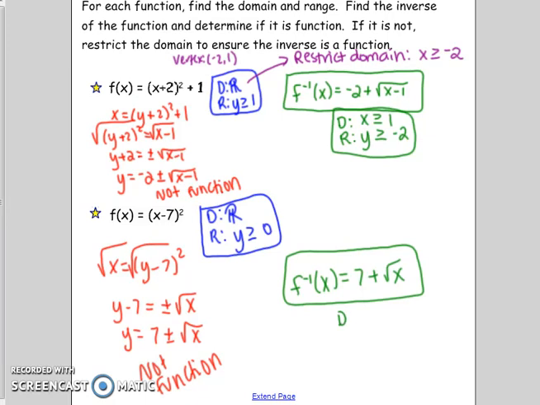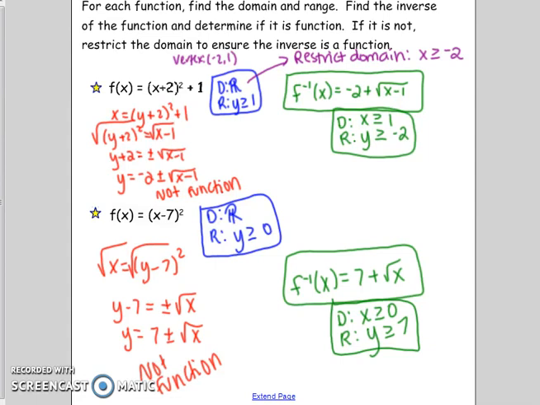So the domain of this would be x is greater than or equal to 0 since it's a radical. If I plug in 0, I'm going to get 7, and I know that this opens up since it's positive in front of the radical. So y is greater than or equal to 7. So remember, the domain and range is going to be flipped from the original and the inverse.